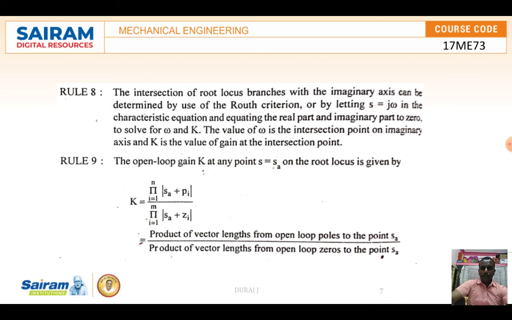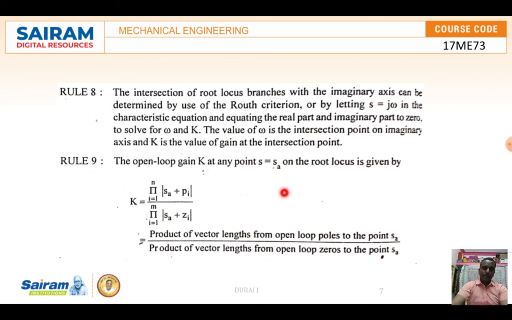After that, we find the breakaway point, and mark this s value over here. The imaginary axis values are also marked in the graph. All three points we are going to join over here.